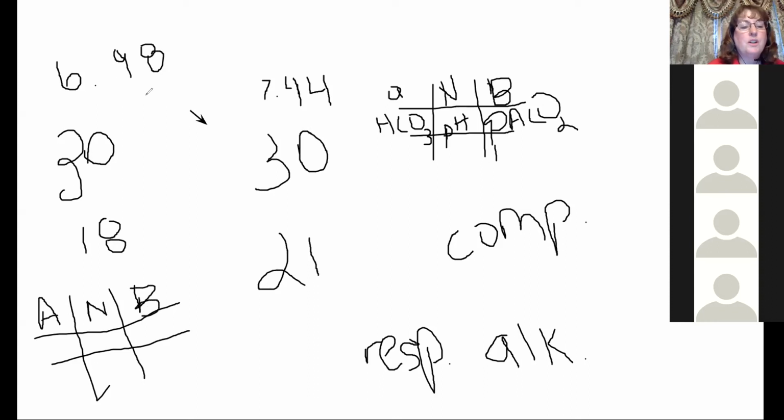Okay, so 6.98. That is really low, right? Because we said 7.35 to 7.45. So this would be in the acidic column. So we would put our pH here. Okay, 30. Is that acidic or alkalotic?